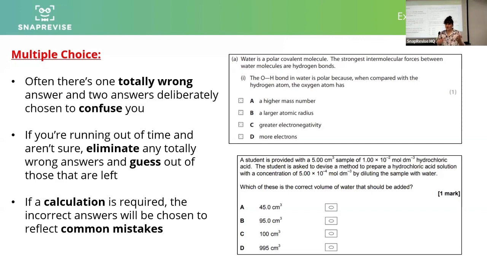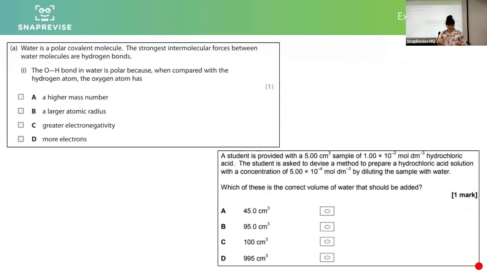It's not usually listed as a command word, but we can see what we're expected to do is to choose one of those answers. And then specifically the directions are I've been given these amounts. I've been given 5 centimeter cubed sample of a concentration of hydrochloric acid, and I'm supposed to be preparing a hydrochloric acid solution with a concentration of 5 × 10⁻⁴. So how do I get there? What answer would I give? Let's have a look at these two.